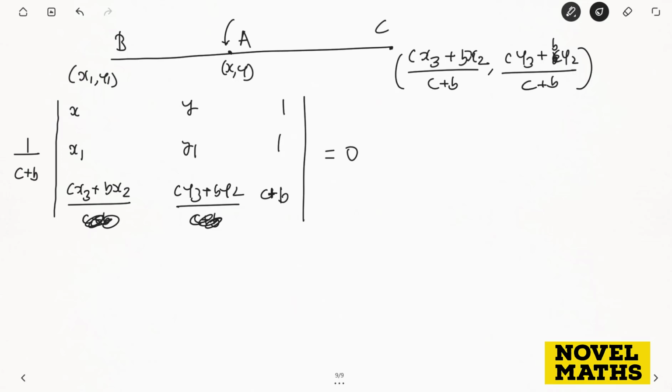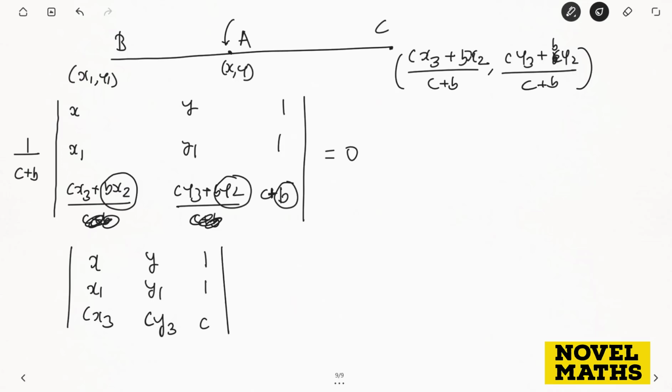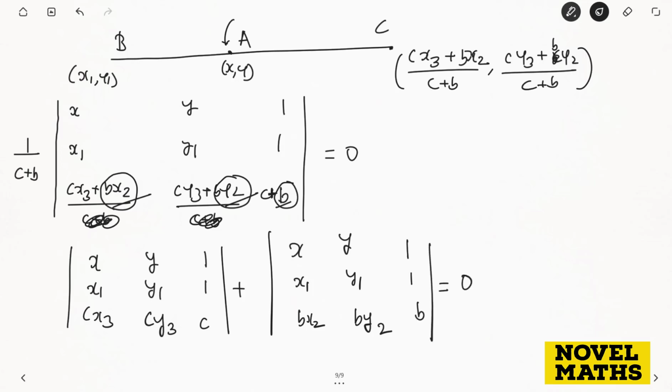Alright, so we have this thing now, and in determinant, if this is a sum of two values, you can easily split it. So let's split that. x1, c x3, y, y1, c y3, 1, 1, c, plus you put these values same and split as per this addition, right? x1, b x2, y, y1, b y2, 1, 1, and this is b, equals 0.